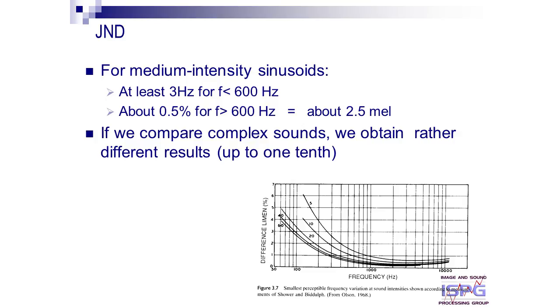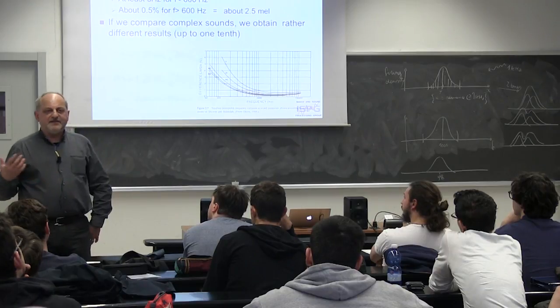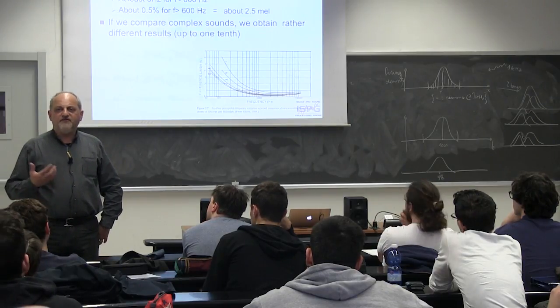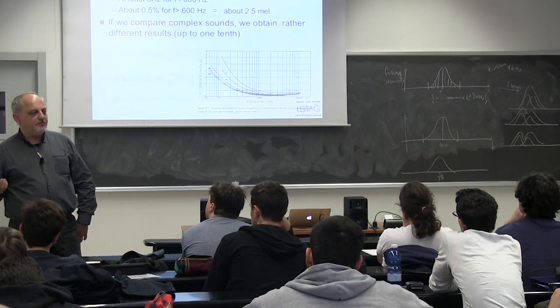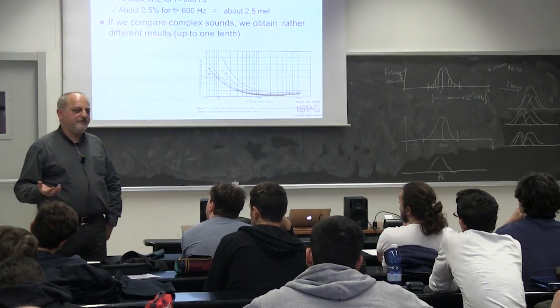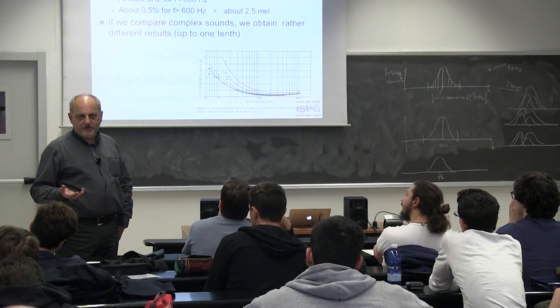Well, in this case, of the frequency of the sinusoid, because we don't have other tones other than the fundamental. So if you have a tone of 1,000 hertz, we can detect changes in the order of 5 hertz. If you have it at 2,000, it'll be 10 hertz. If you have it at 600 hertz, it will be 3 hertz, plus or minus 3 hertz.